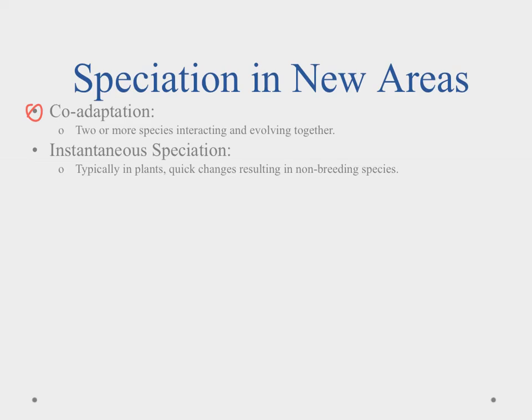Another one is this instantaneous speciation, and that's primarily in plants. What'll happen is when you have plants that have a mutation or something changes and instantly you have a new species. They're no longer able to cross-pollinate, or they won't cross-pollinate. So instantaneous speciation generally happens more in plants, where you can see this separation and this speciation happening quicker.